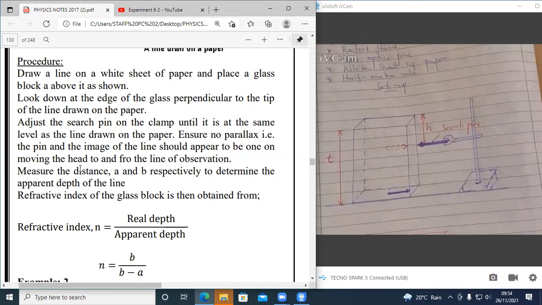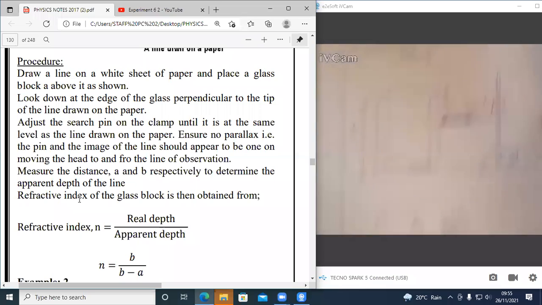Ensure no parallax, that is, the pins and the image of the line should appear to be one, in other words in a straight line, moving the head to and fro from the line of observation. Measure the distances A and B respectively to determine the apparent depth of the line.